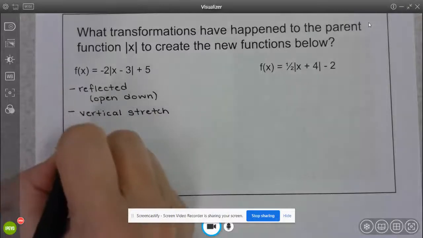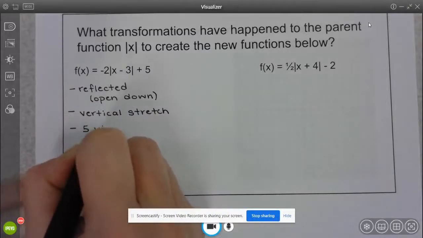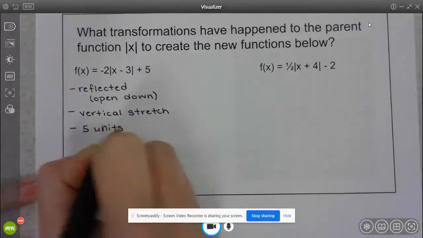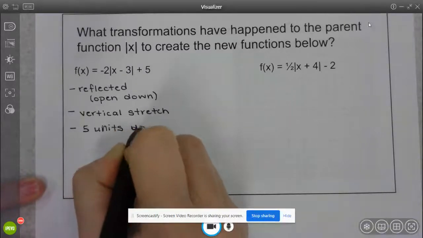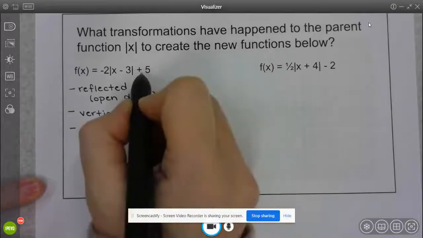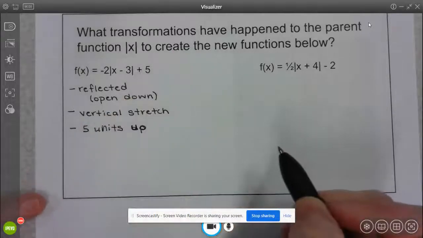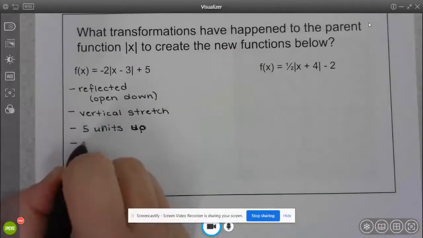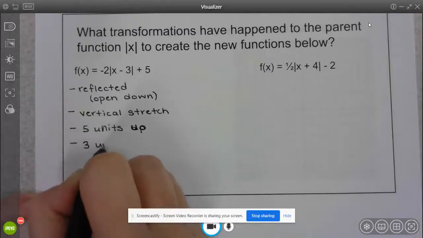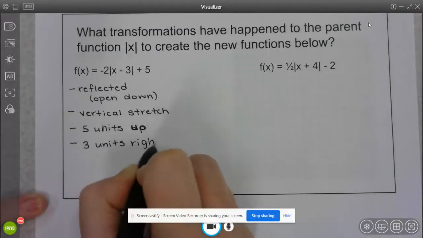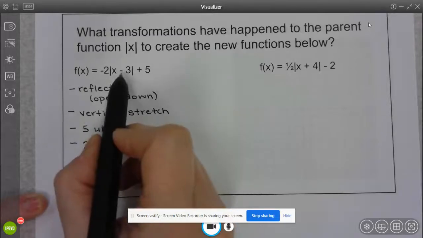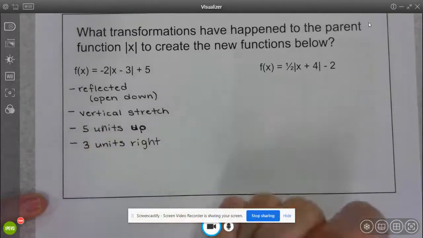I know it's going to go 5 units up because 5 is positive. And it's going to go 3 units right because it's the opposite of what I see here.